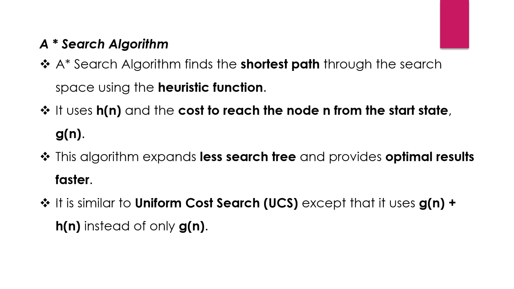The heuristic function estimates how close we are to the destination. Therefore, A-star expands fewer nodes than uninformed algorithms and usually finds the optimal path. This makes A-star one of the most popular search algorithms in AI.